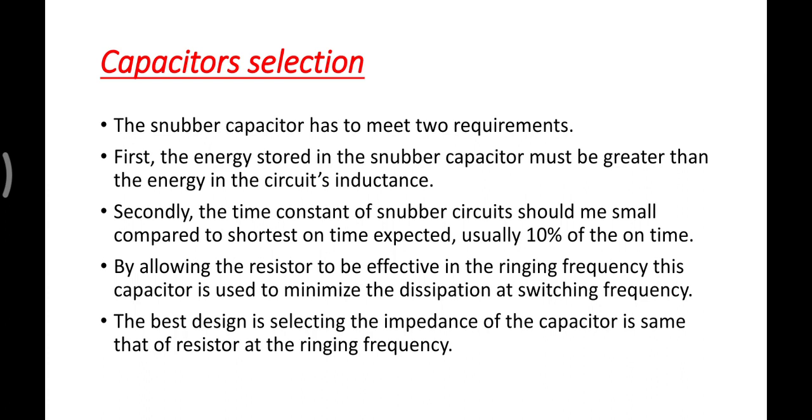Next, by allowing the resistor to be effective at the ringing frequency, this capacitor is used to minimize the dissipation at switching frequency. The best design is when the impedance of the capacitor is the same as that of the resistor at the ringing frequency.